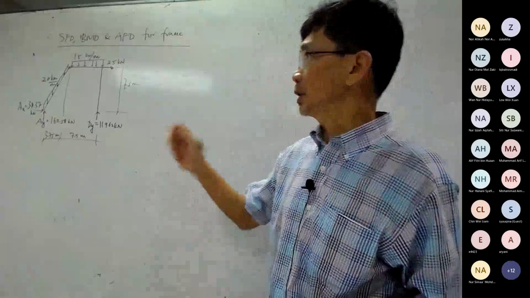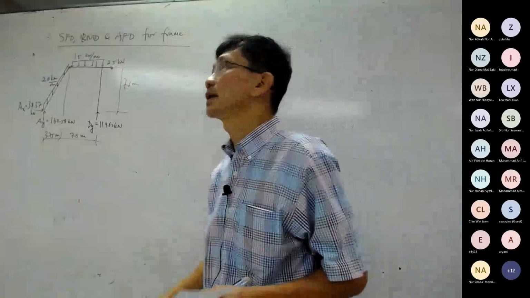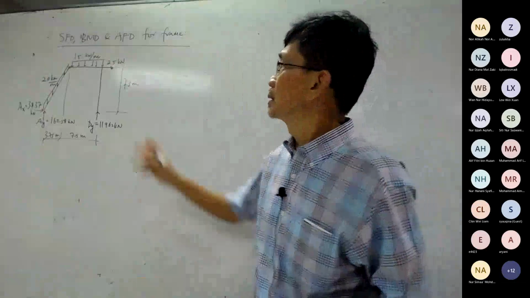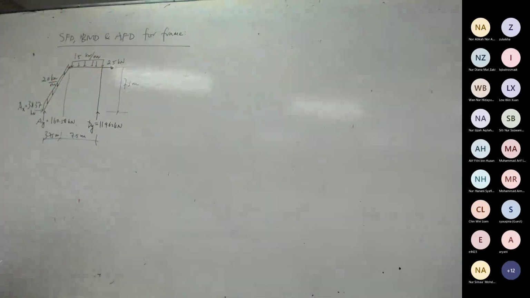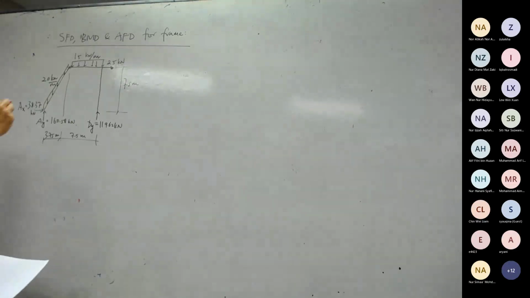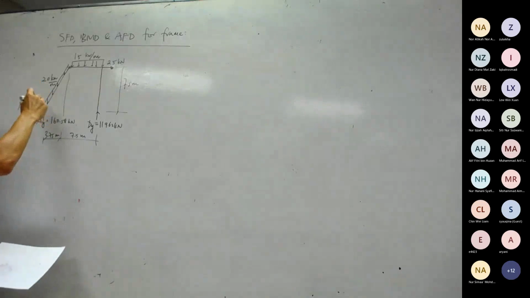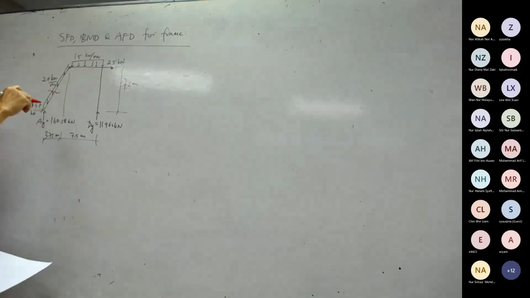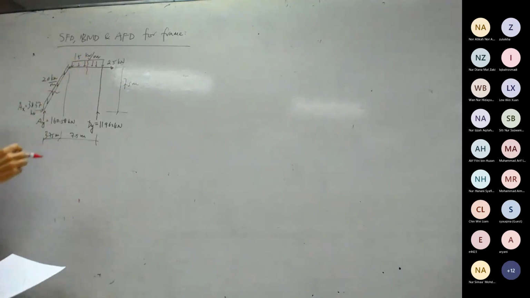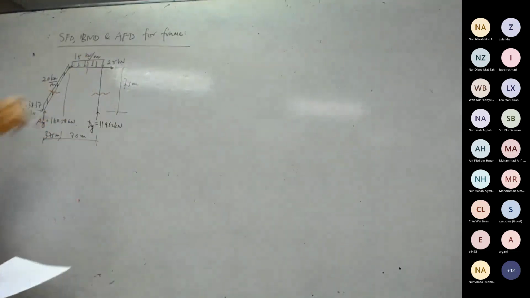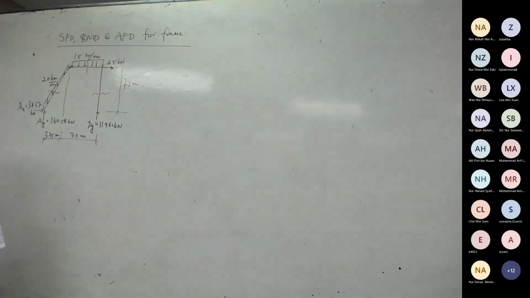So for this particular example, how many cuts do we need? You have to cut at least once here, another at least once here, and another one here. So there will be three cuts.